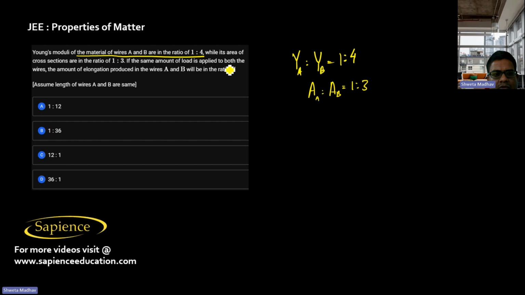The same amount of load is applied to both the wires, then the elongations produced in the wires A and B will be in the ratio of.